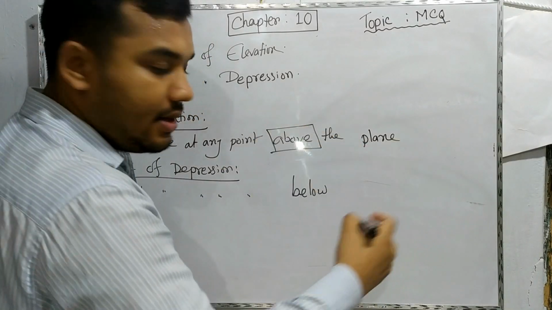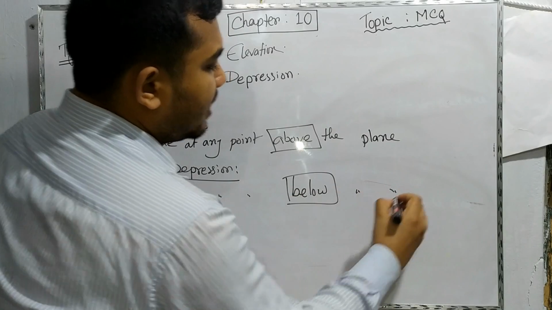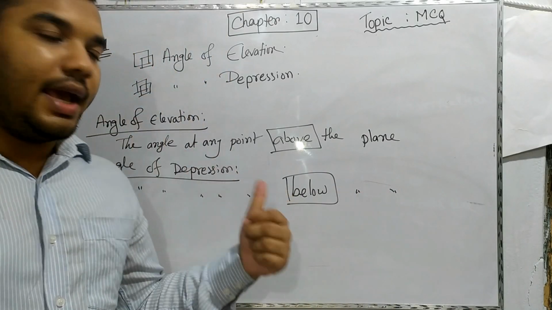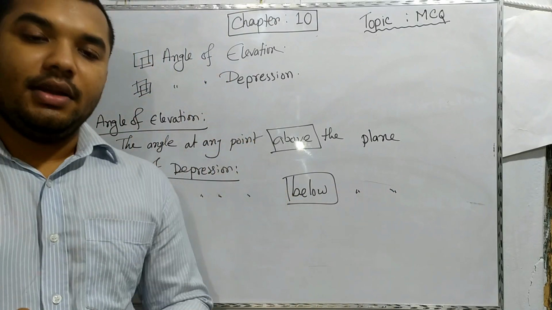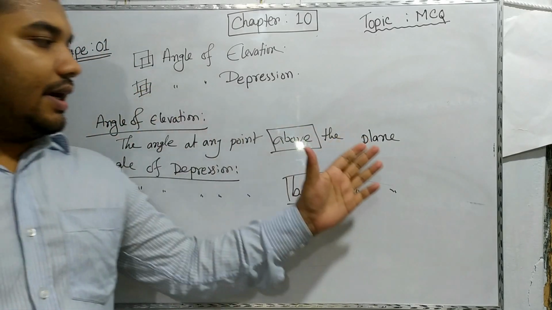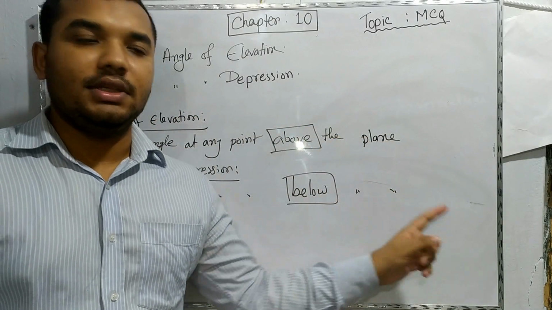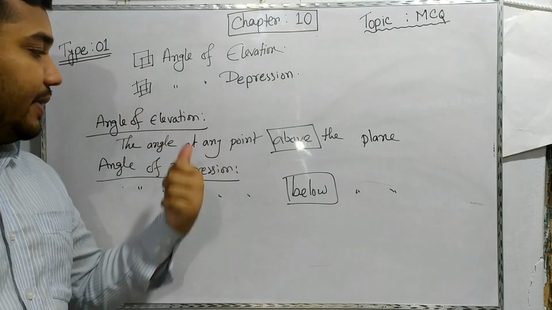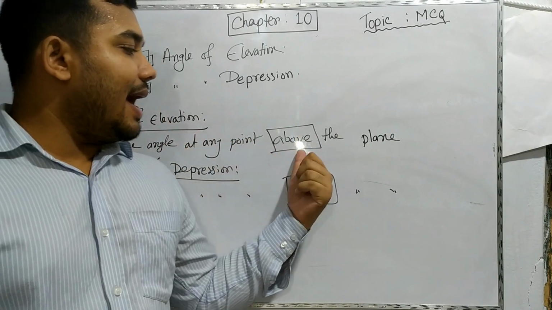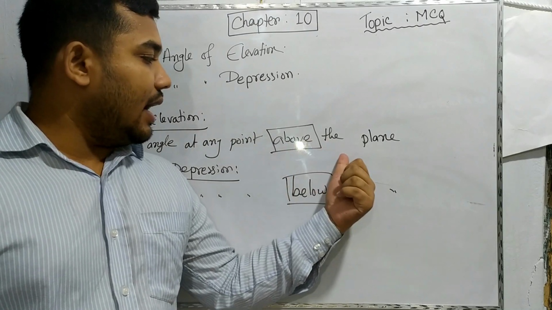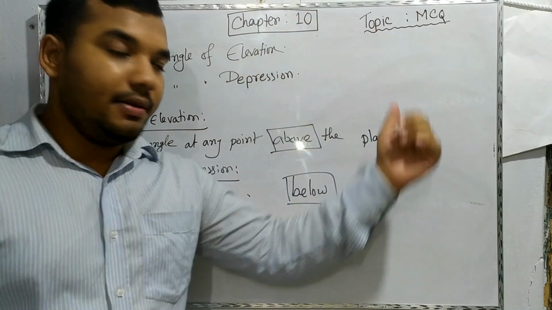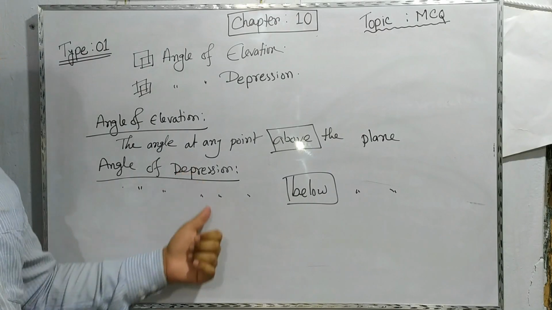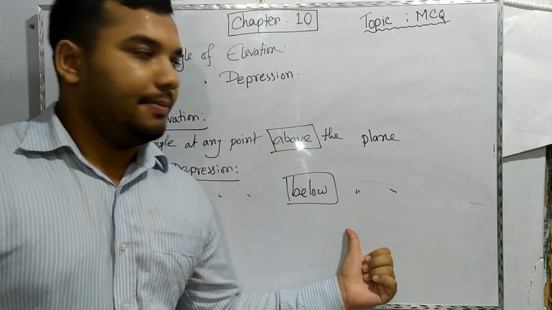Above the plane and below the plane is generally known as the angle of elevation and angle of depression. I think you can understand what actually the definition is. The angle of elevation must be at a point which is above the plane, but the angle of depression must be below the plane.